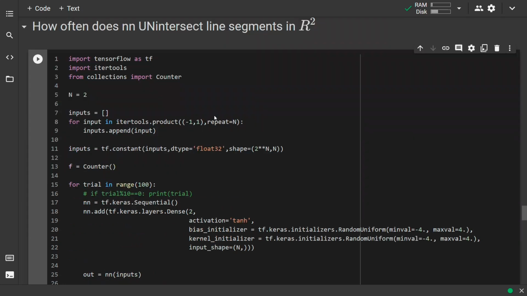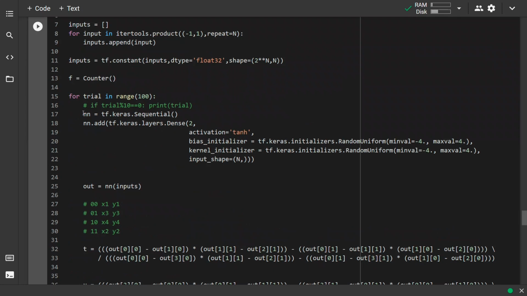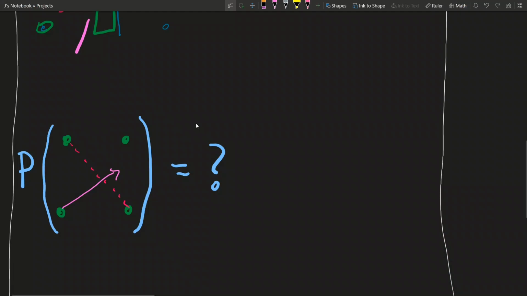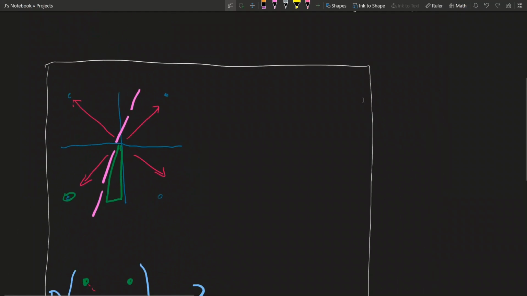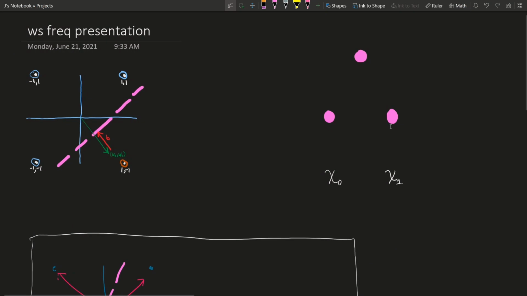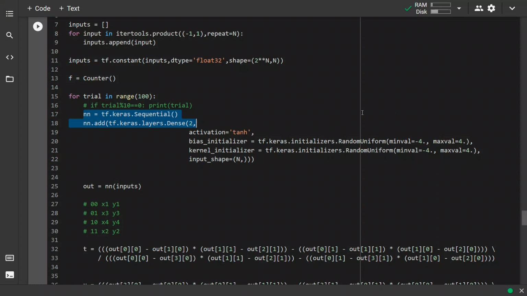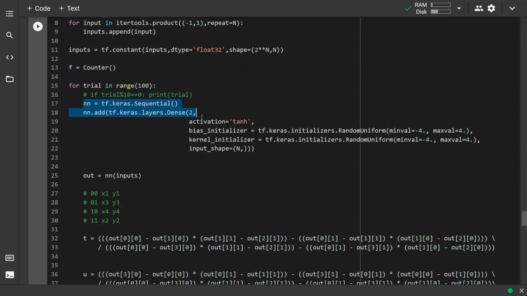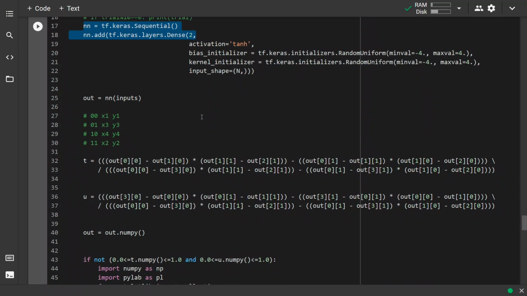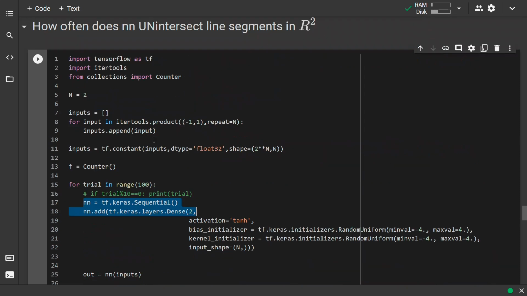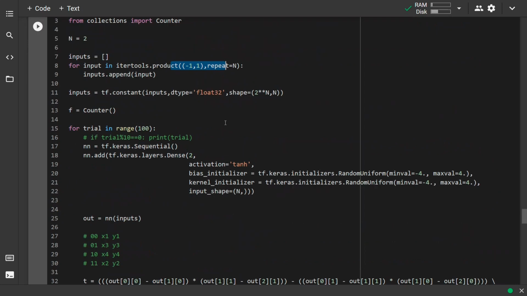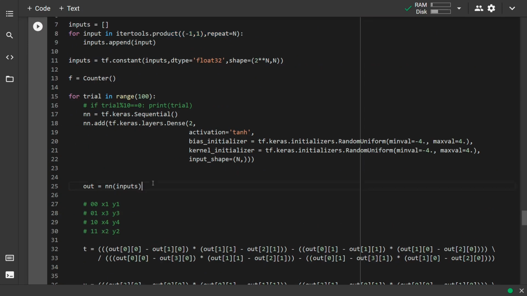So what we're doing is we create a neural net that is just the bottom layer: 2 inputs, 2 outputs. Then we pass the corners of the hypercube, -1 and 1, into the neural net that we just randomly sampled.